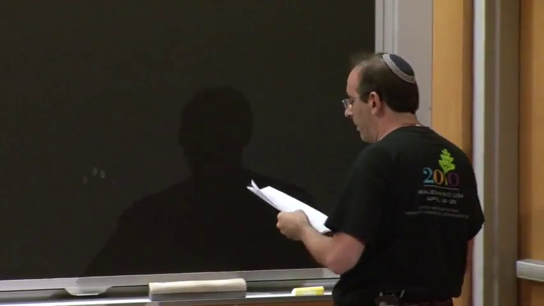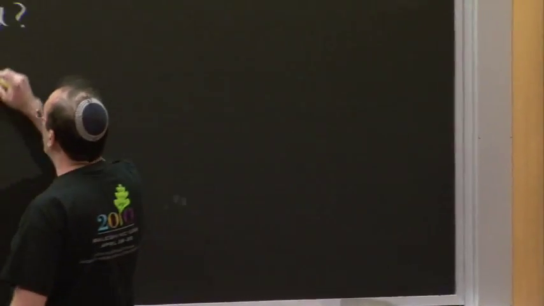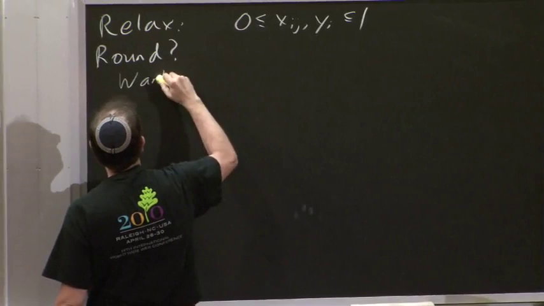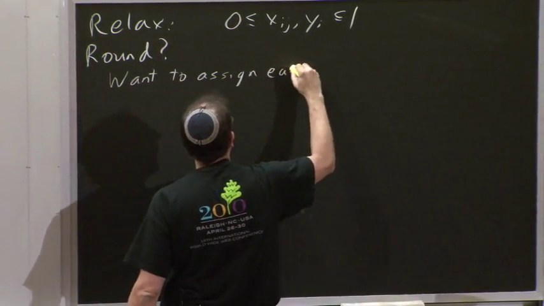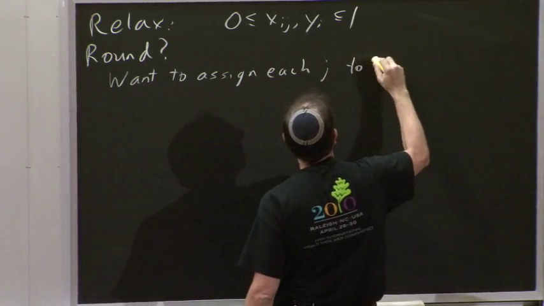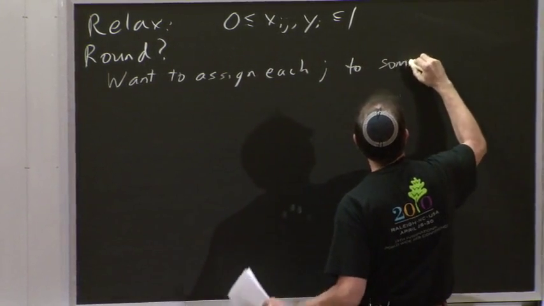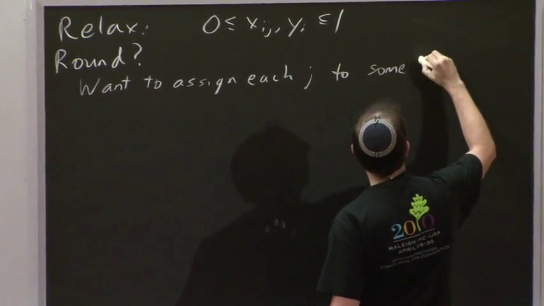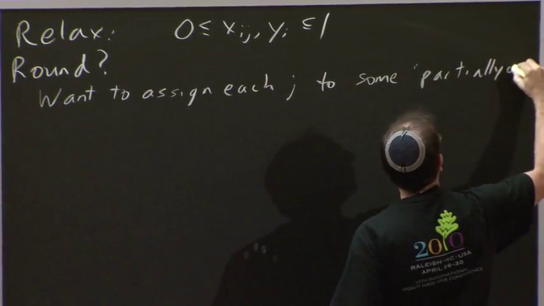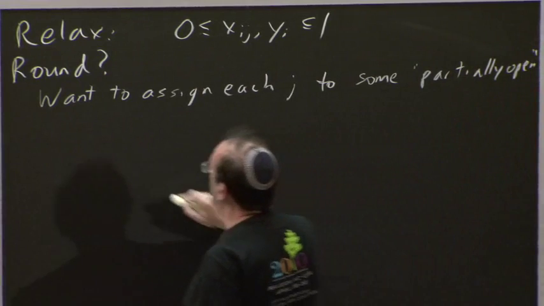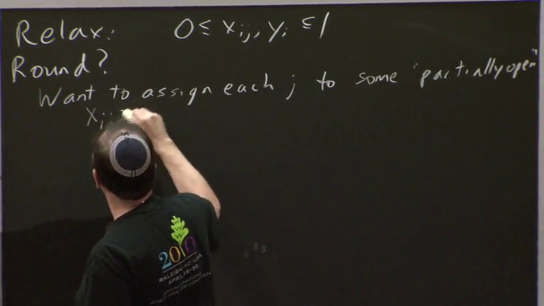Okay. So let's try to formalize that. What we want to do is assign each j, each client, to some partially open facility where it has xij greater than 0, right?